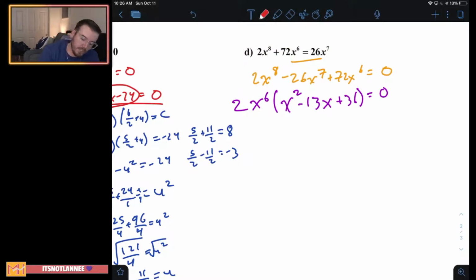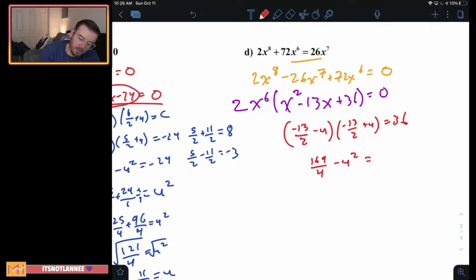Okay? So negative 13 over 2 minus U times negative 13 over 2 plus U equals 36. So I end up with 169 fourths minus U squared equals 36. Add the U squared over, subtract the 36.